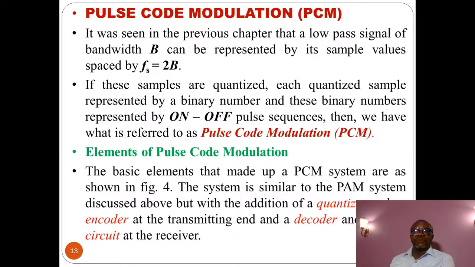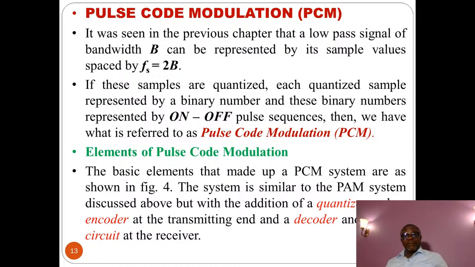That is our Nyquist sampling rate. If these samples are quantized, each quantized sample represented by a binary number, and these binary numbers represented by an on-off pulse sequence, then we have what is referred to as pulse code modulation.